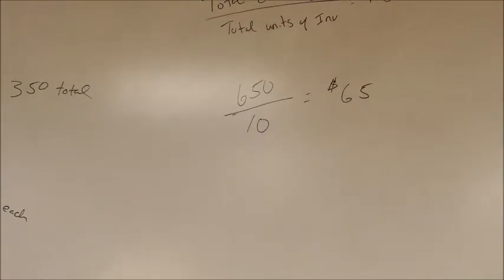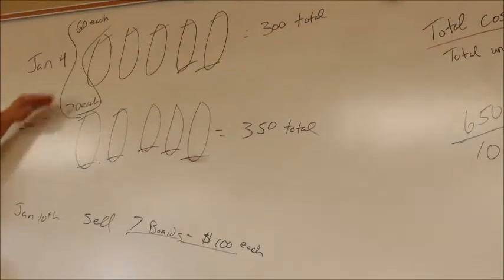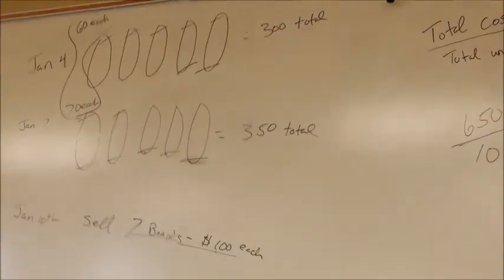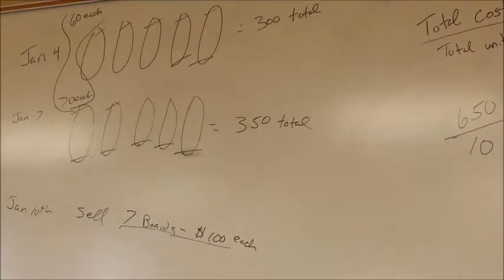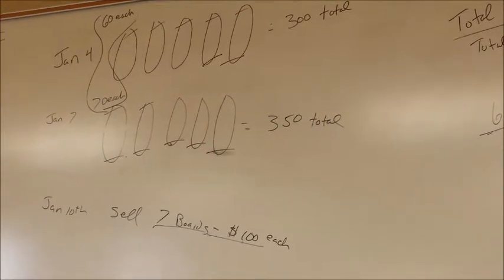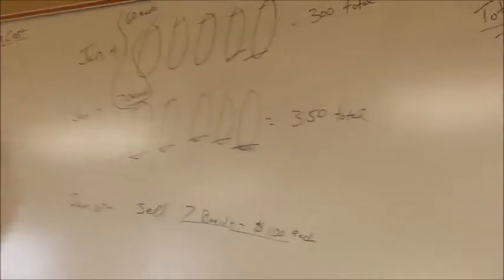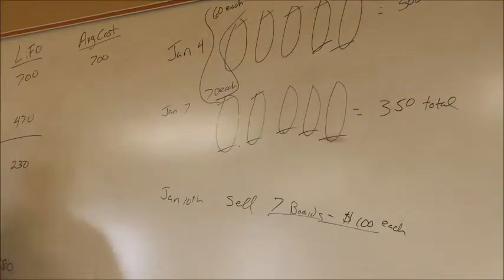Now that may seem easy, because I could have just taken the average of these two. But again, that only works when you have the same number each time, and that's not realistic. You have to do it that total cost over total units. Sale price for average cost: no change.